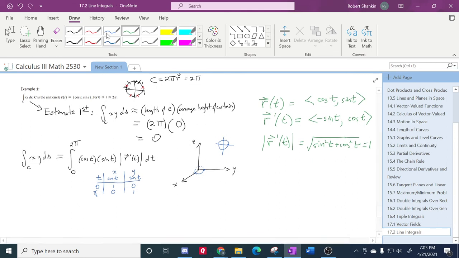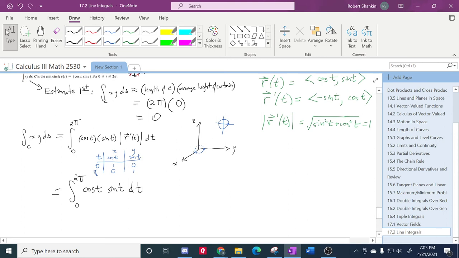All right, so this takes us to the integral from 0 to 2 pi of cosine t, sine t, dt. And then we have to evaluate this integral.